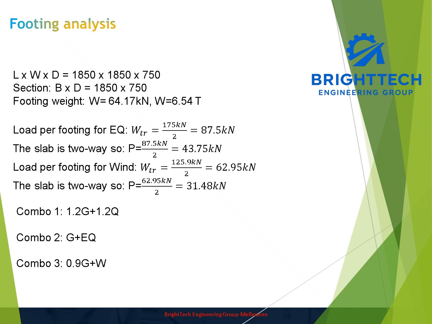The load combination 1 is 1.2 G plus 1.2 Q. The combination 2 is G, which is a gravitational load or combination of the dead and live load, plus earthquake, and for combination 3, 0.9 G plus W, which is the critical.